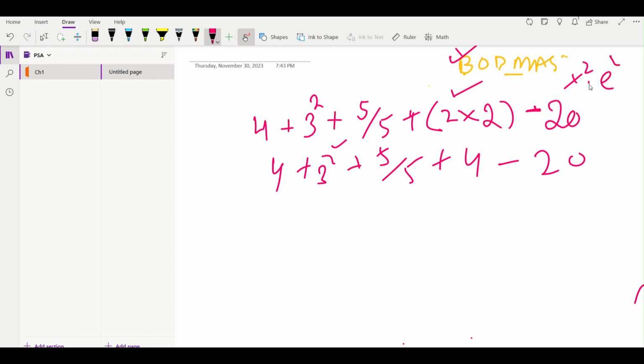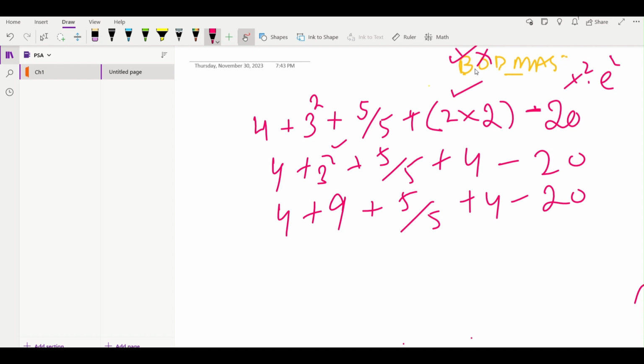So I will solve this one, the second order: 3 whole square is 9, plus 5 divided by 5, plus 4 minus 20. Now I have solved this also.